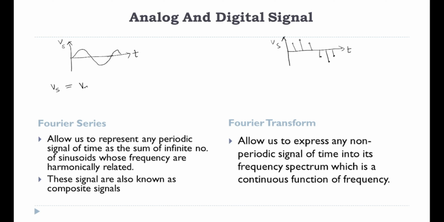The voltage signal can be represented as Va sin omega t, where omega is the angular frequency, which is harmonically related to the other components of the signal, and Va is the amplitude. This angular frequency can also be written as 2 pi f, where f is the physical frequency.